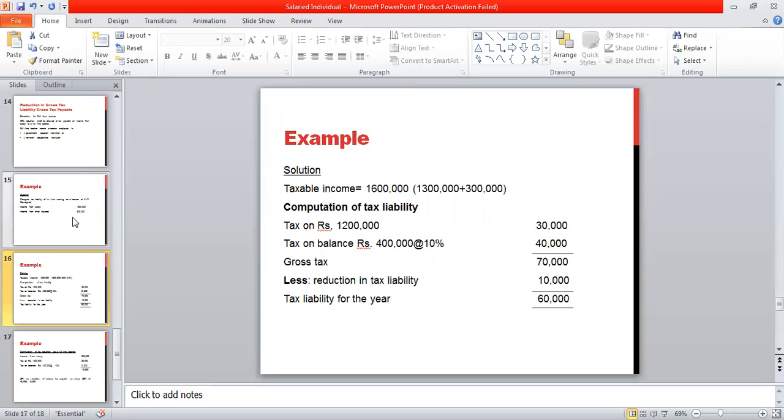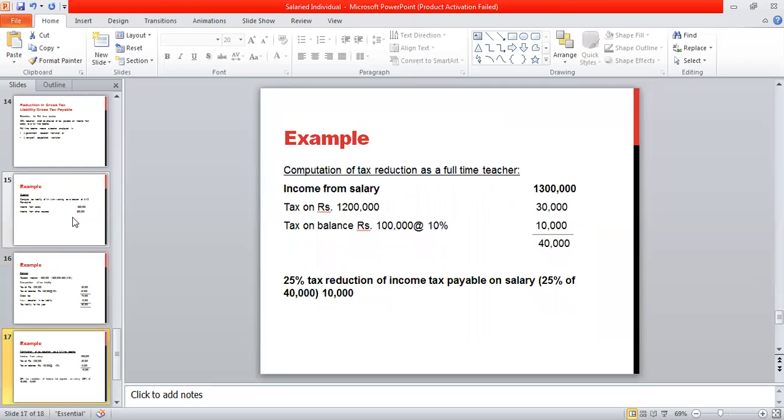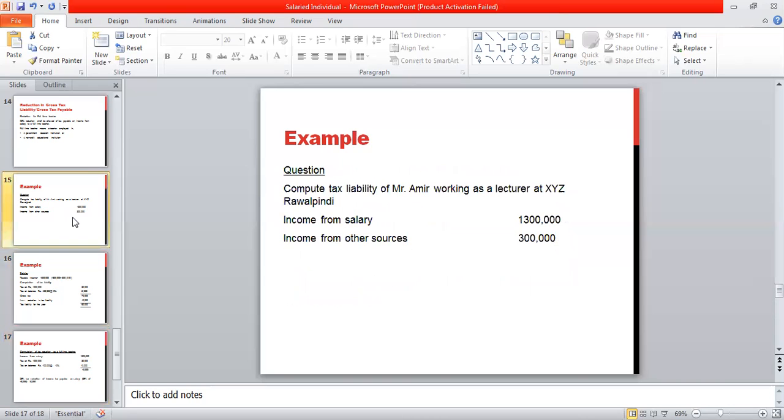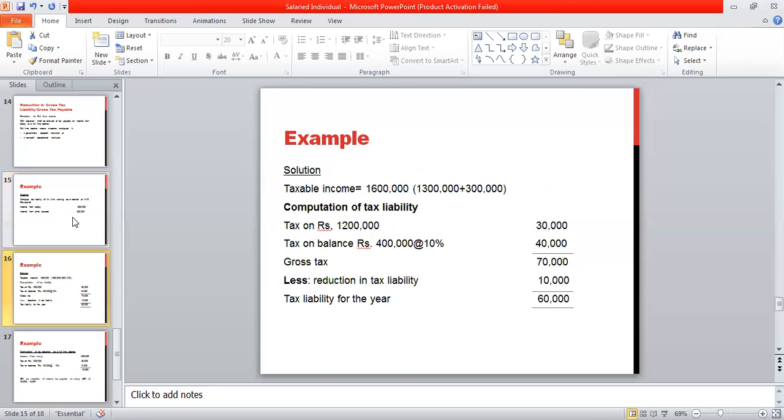Second, here I calculated tax liability from the total taxable income, which is 16 lakh. Here I am going to calculate tax liability from the salary, which is 13 lakh. Here from 13 lakh, income from salary 13 lakh.